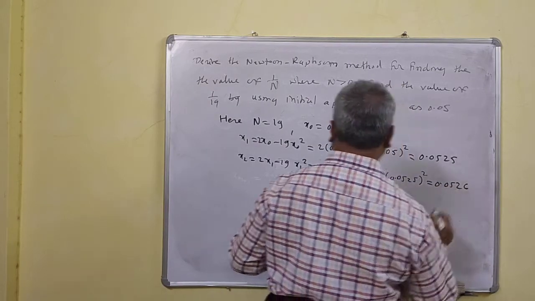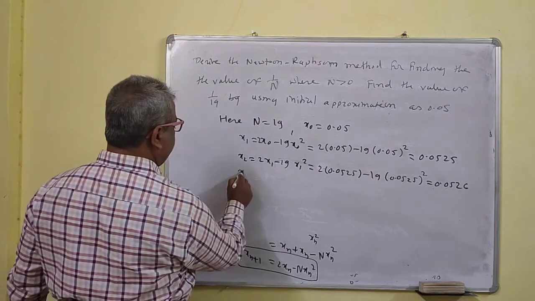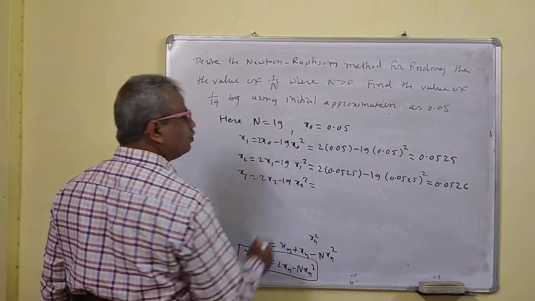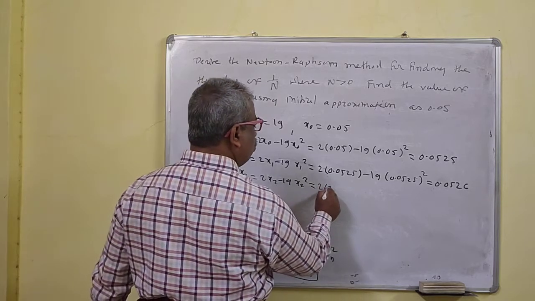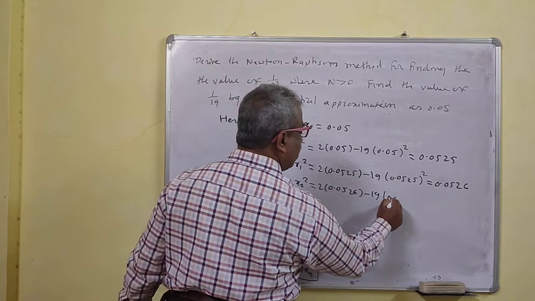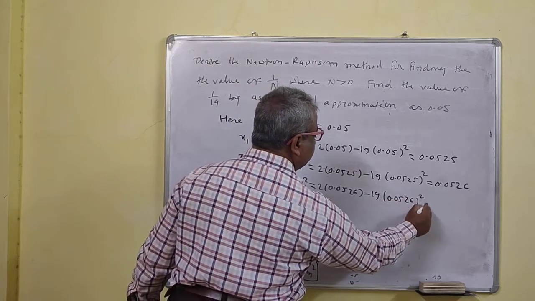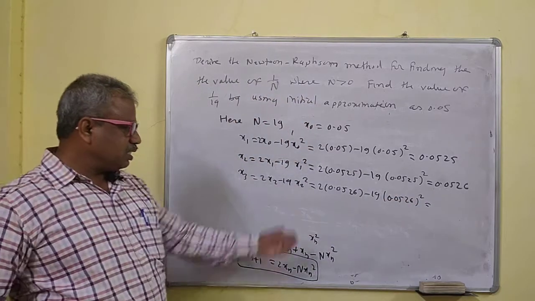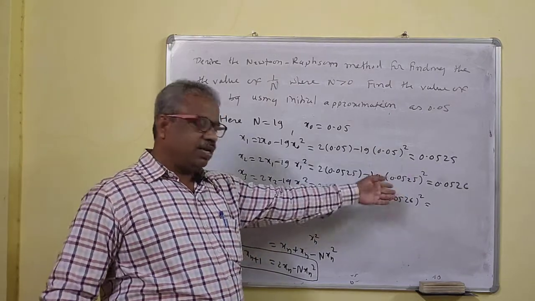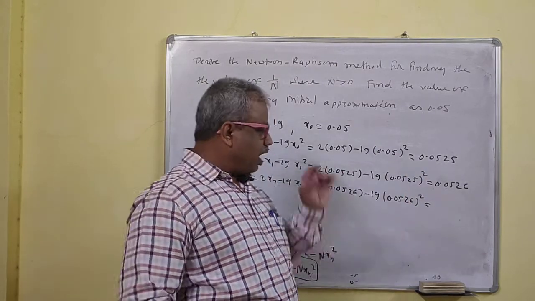This will be 0.0526. Now x3 will be twice x2 minus 19 x2 square. Your x2 is 0.0526, so 2 times 0.0526 minus 19 times 0.0526 square. Just type it as it is, 2 bracket this minus 19 this bracket square, and press equal to.